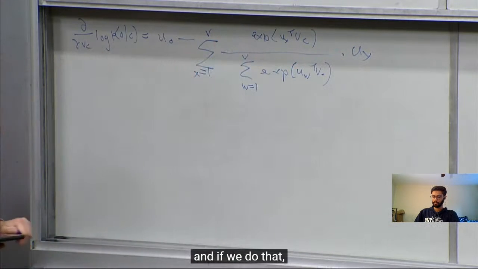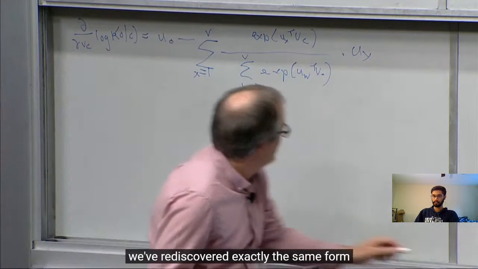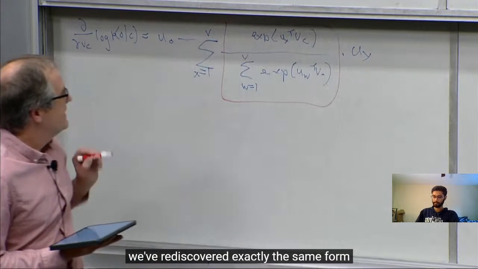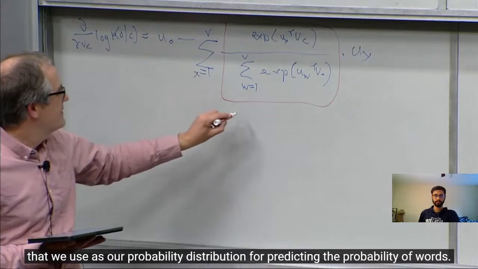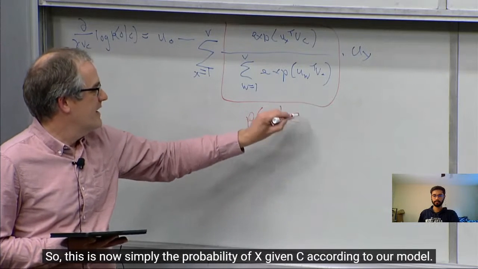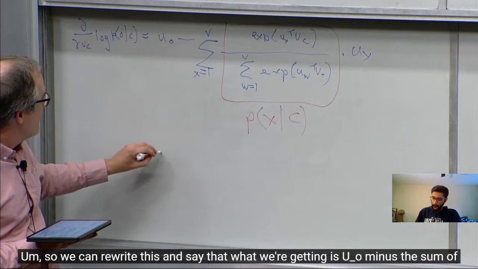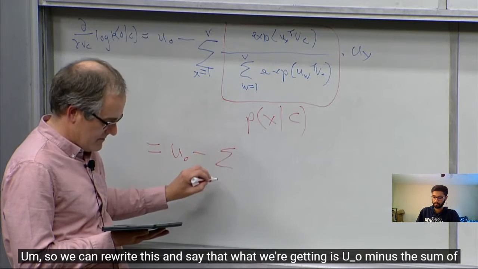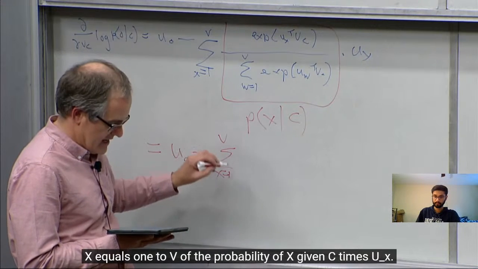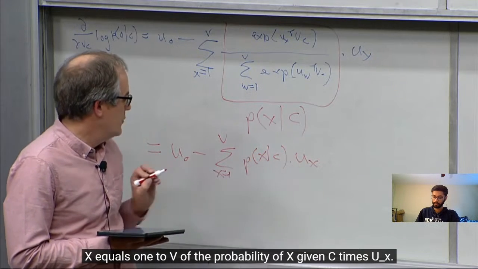And if we do that, an interesting thing has happened, because look, right here, we've rediscovered exactly the same form that we use as our probability distribution for predicting the probability of words. So this is now simply the probability of x given c according to our model. So we can rewrite this and say that what we're getting is u_O minus the sum of x equals 1 to V of the probability of x given c times u_x.